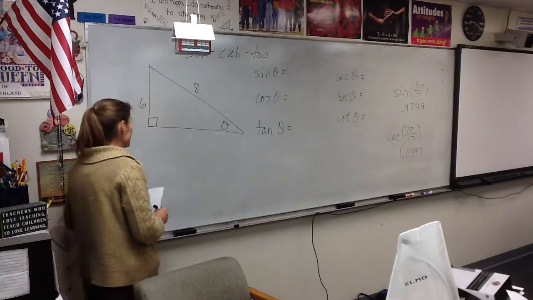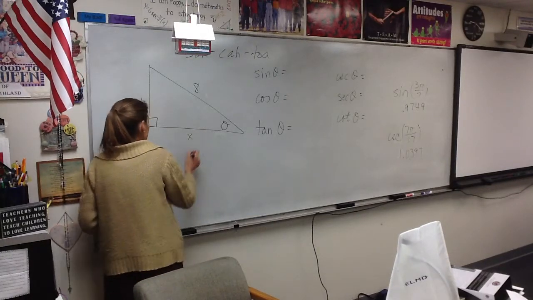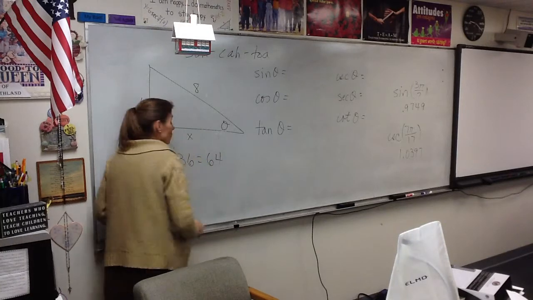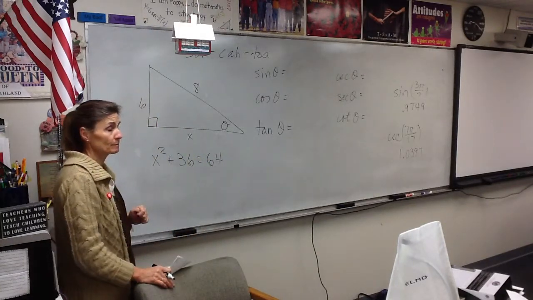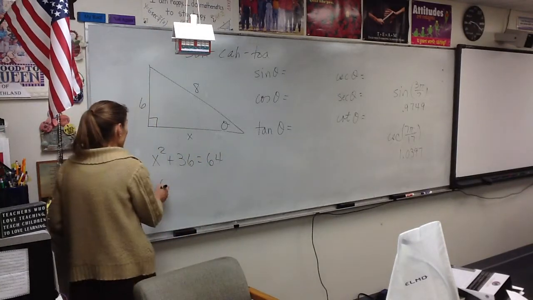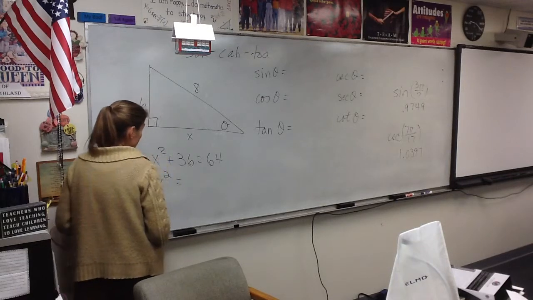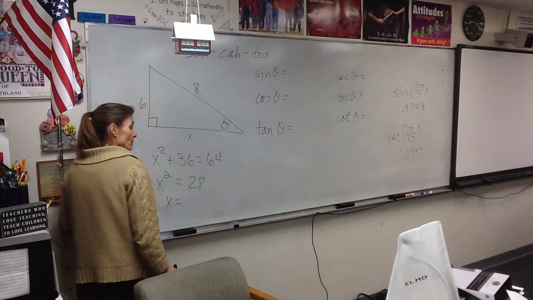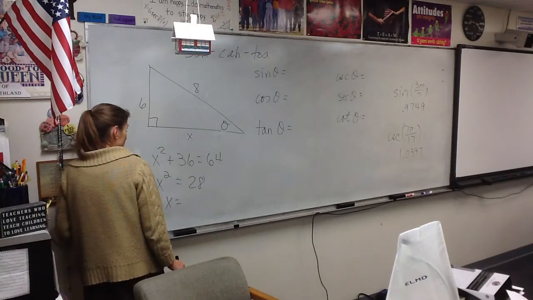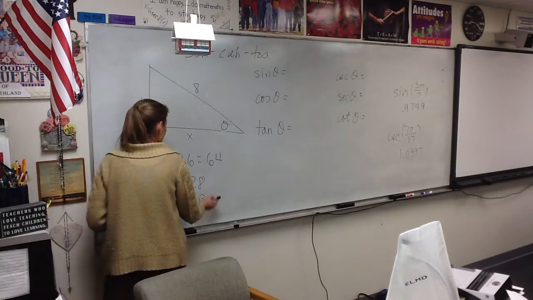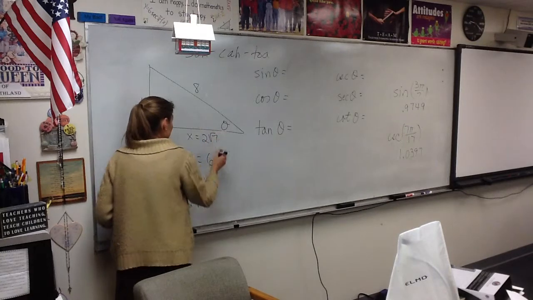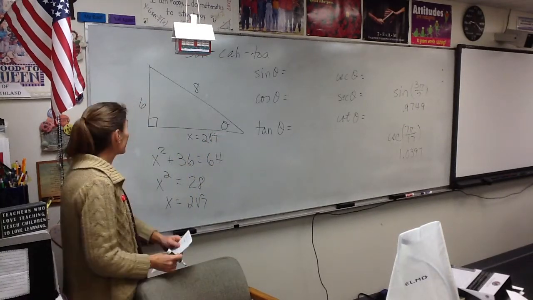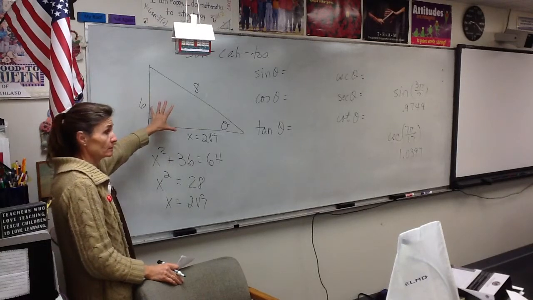This is a right triangle, so I can say x squared plus 36 equals 64. Would you agree with that? So x squared equals 28, and x equals the square root of 28, which is 2 root 7. So now I've got all 3 sides.